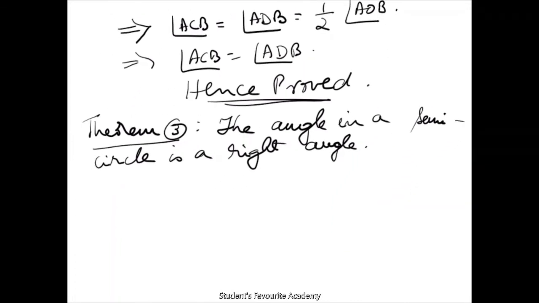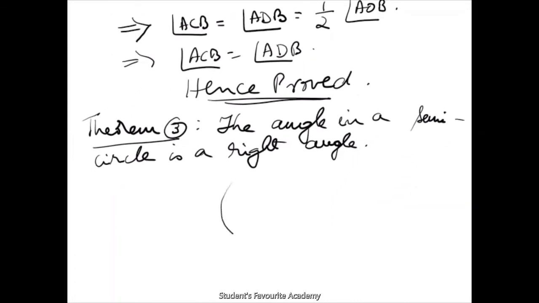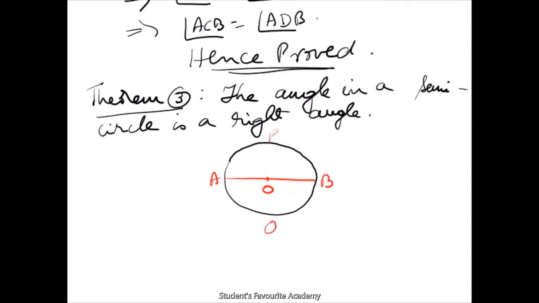So suppose this is the circle, this is the diameter, O is the center and AB is the diameter. So APB and say AQB both are semicircles.